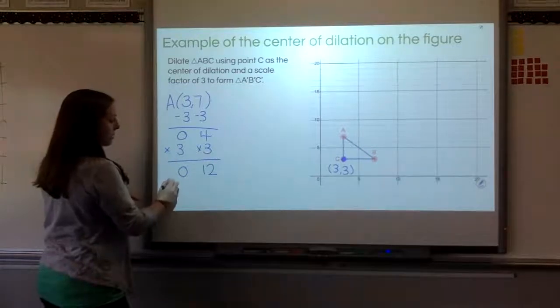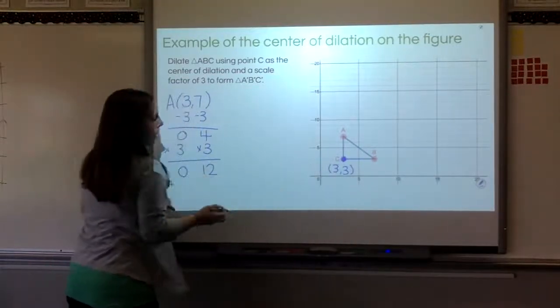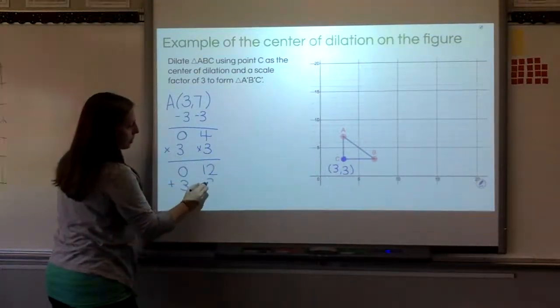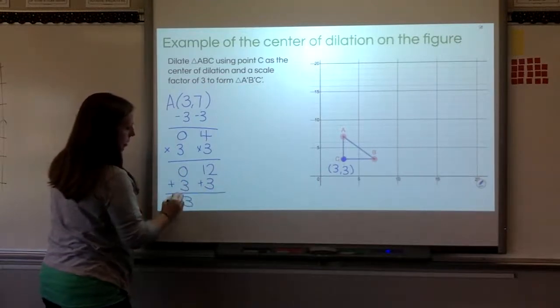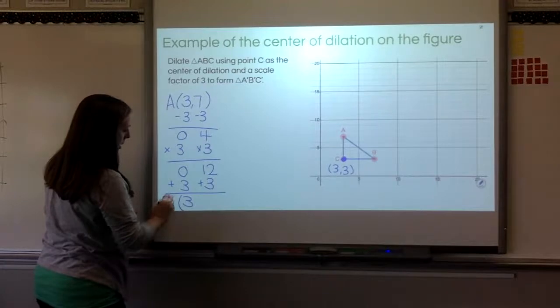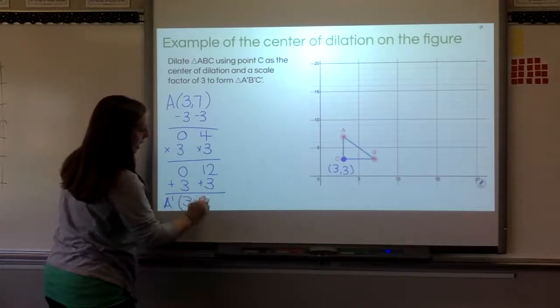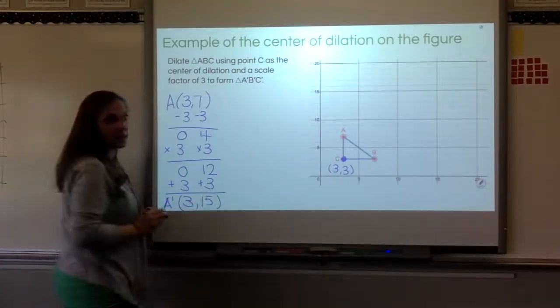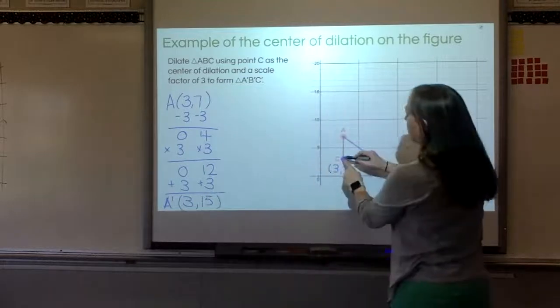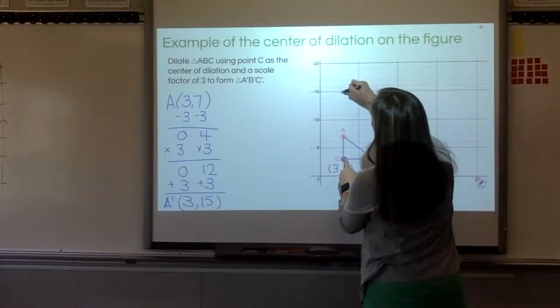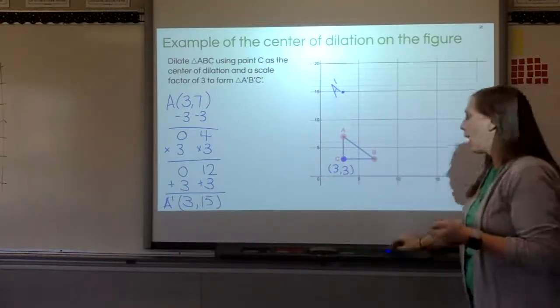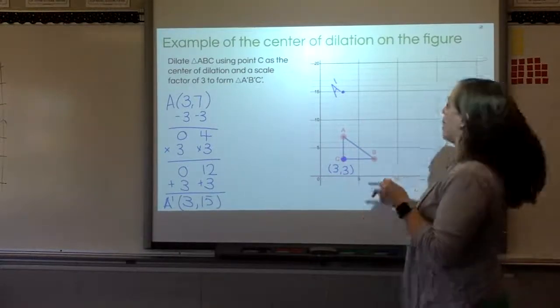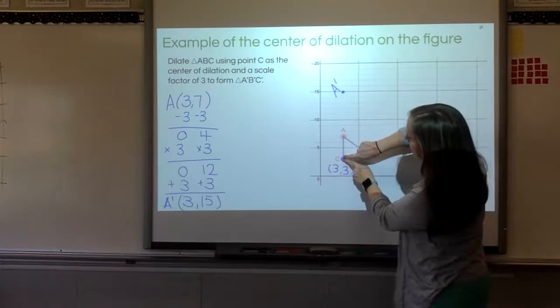Now I have to add it to my center of dilation, point 3, 3, so that I get that my new point, A prime, is going to be at 3, 15. So when I look at this, I'm going to go over here to 3, and then point A prime comes way up here.